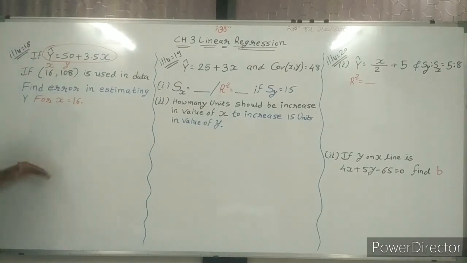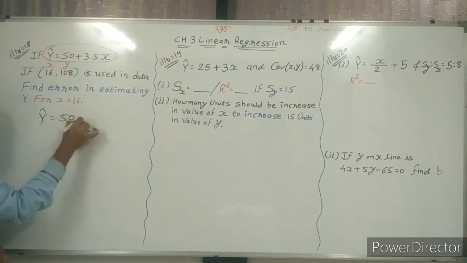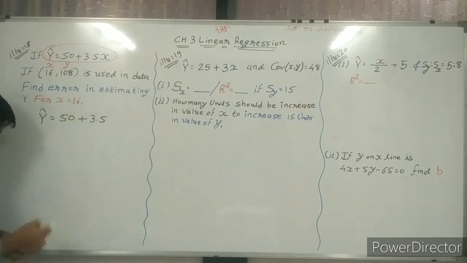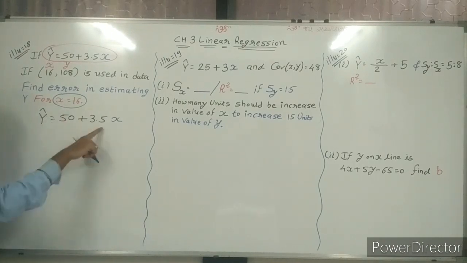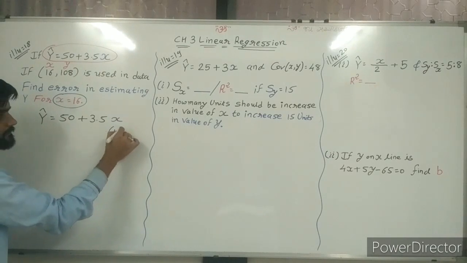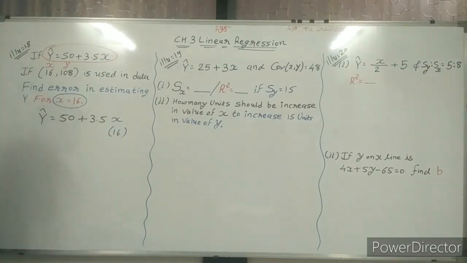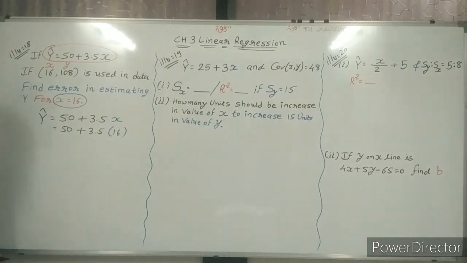So first of all, solving it, see very carefully. y cap is equal to 50 plus 3.5 into x. Now we need to take x is equal to 16 in this function, so replace x is equal to 16. The remaining values stay as they are. So 50 plus 3.5 as it is. That is no change.